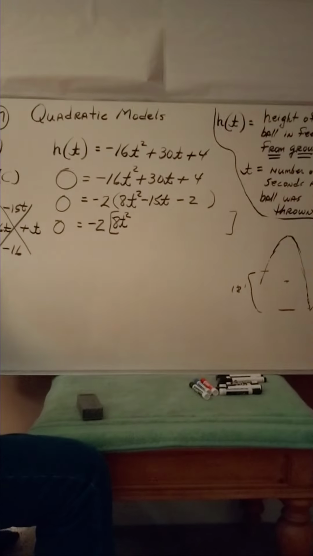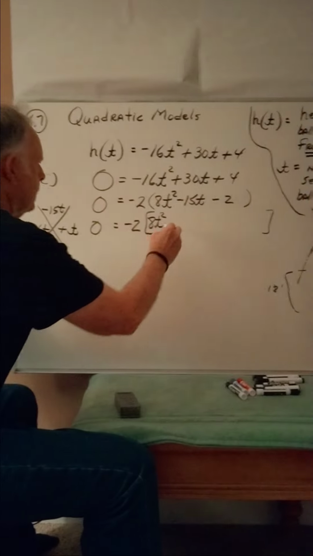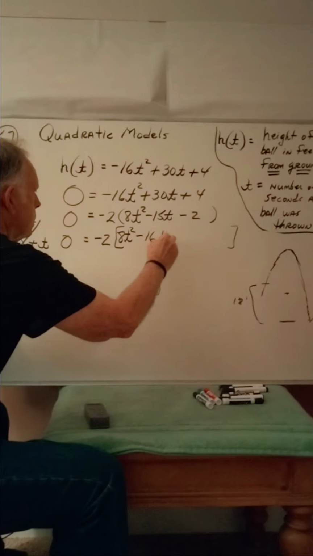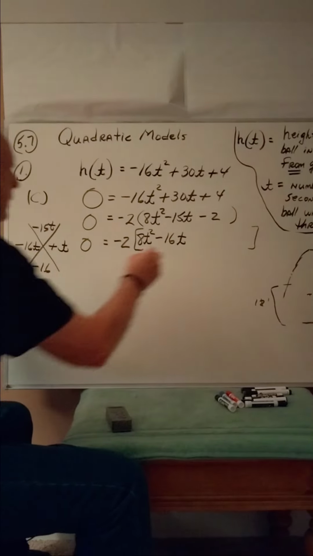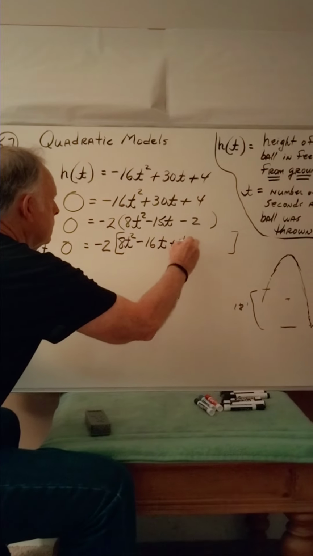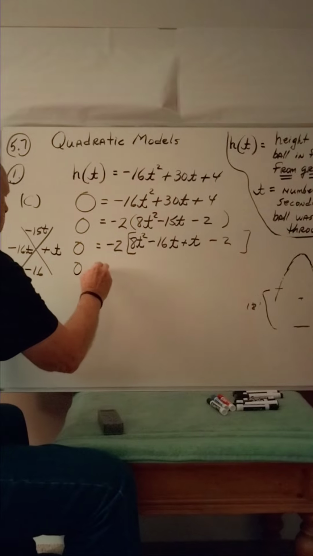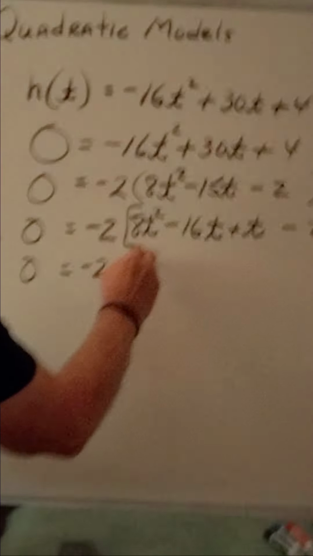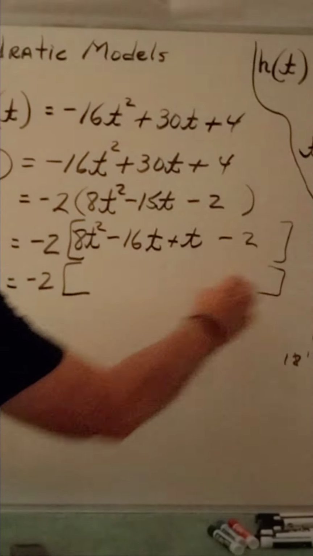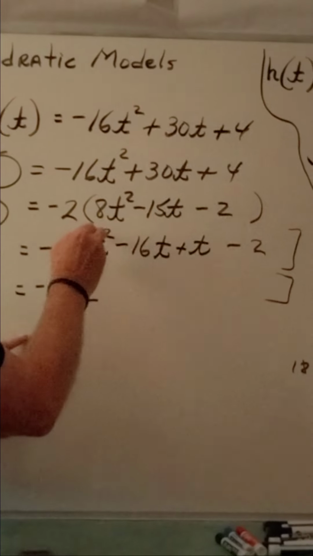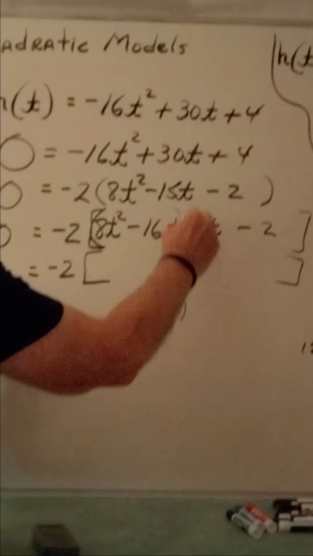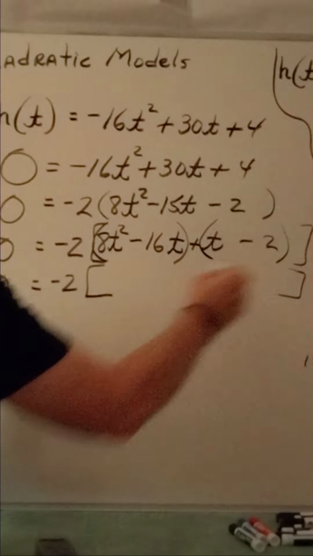Now let's write it. 8t squared. I'll bring in 9, -16t. I'll bring in 3, plus t, and then -2. Bring down that 0 and the equal sign, bring down that -2, make your bracket, and let's go in and make our groupings. The front pair, the back pair.